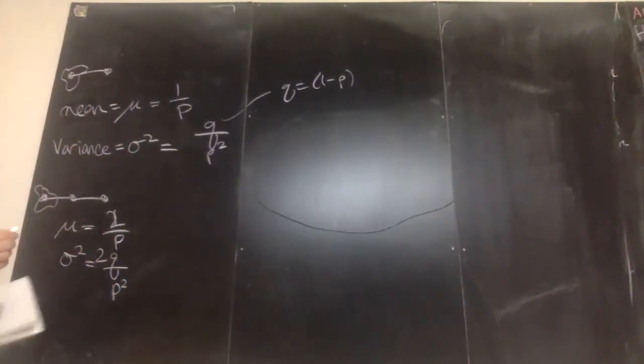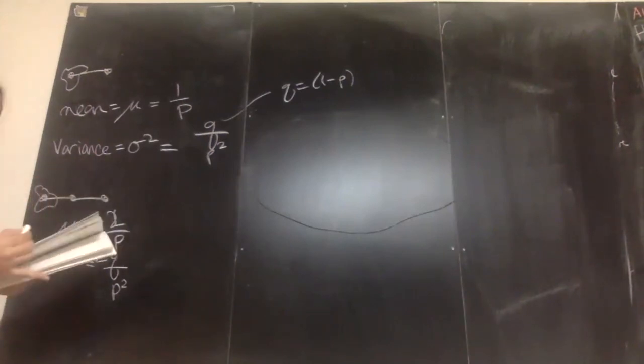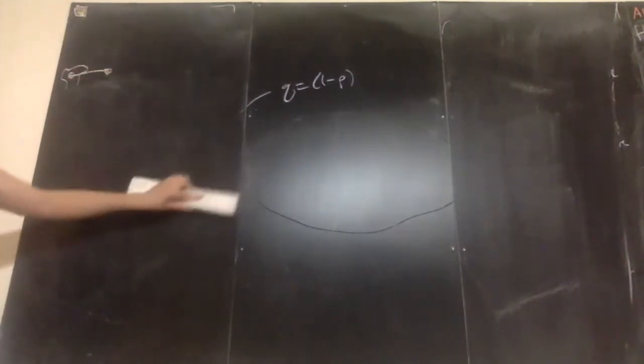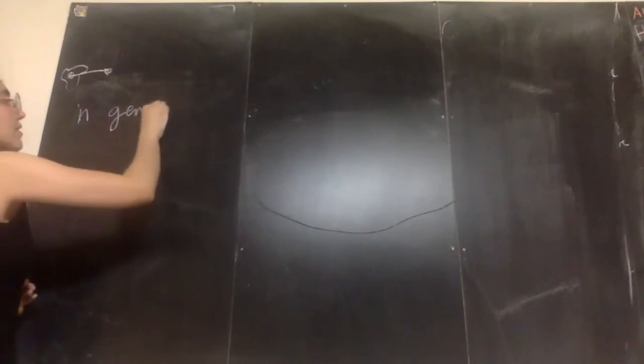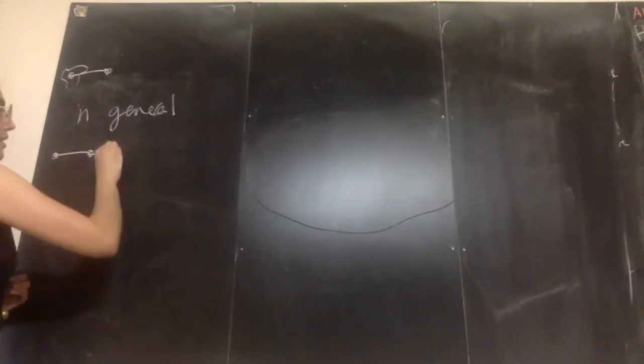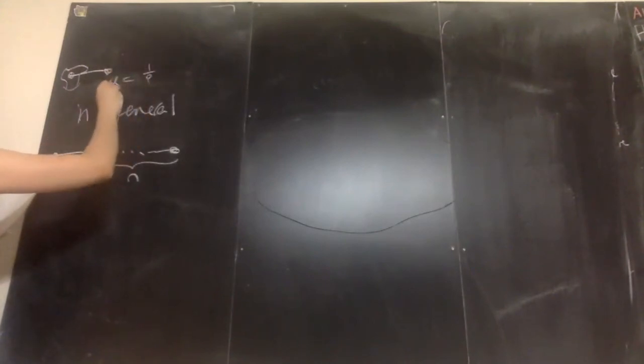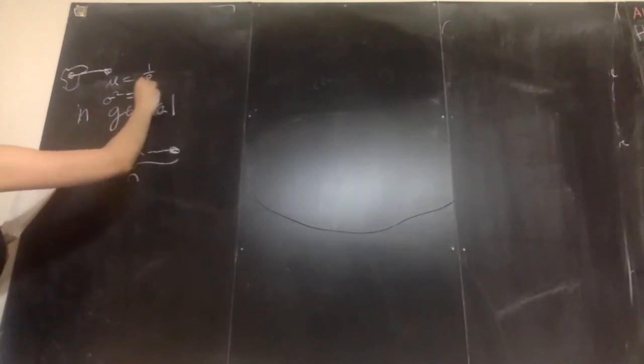What our gluing theorem says is that for any number of these that you glue together, in general, if you have any line graph like this with n extra nodes on the end, then our gluing theorem states that, here mu was 1 over p, and sigma squared, our variance, was equal to q over p squared.